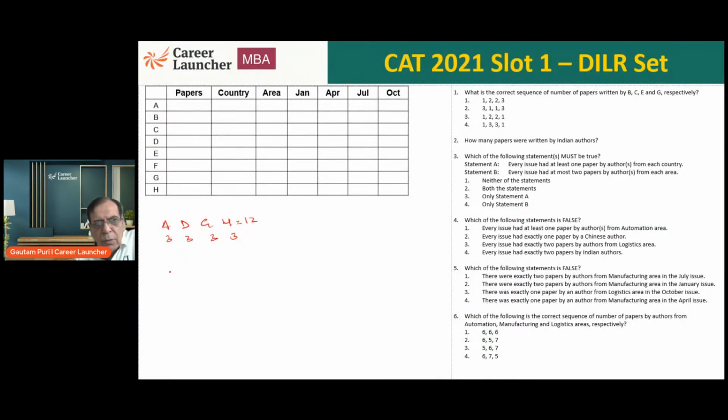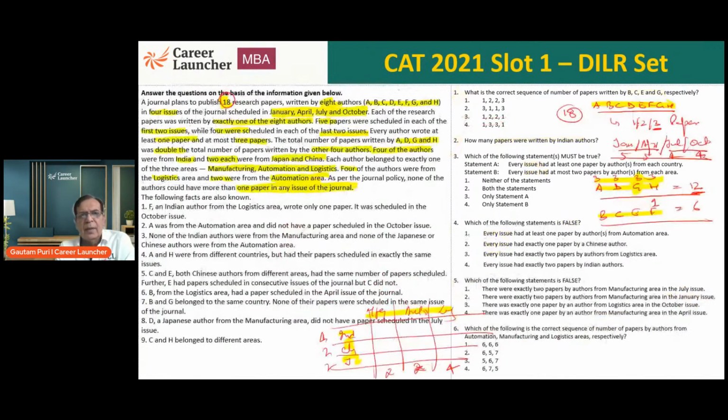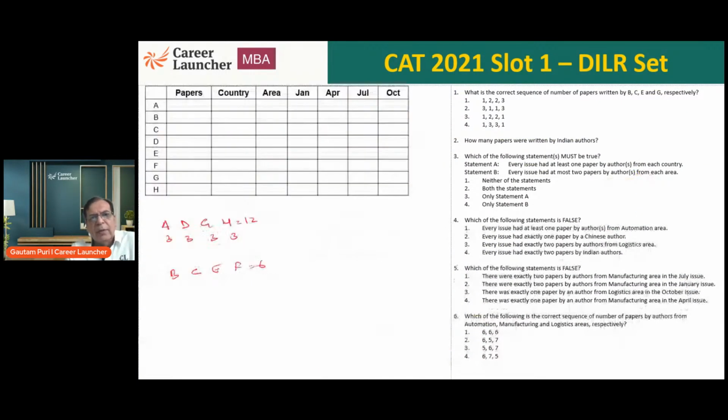We'll come back to the other stuff later. Then we know that there are 4 Indians, 2 Chinese and 2 Japanese. We also need to find out the domain they are working in. So we have Indian authors, Japanese authors, and Chinese authors.